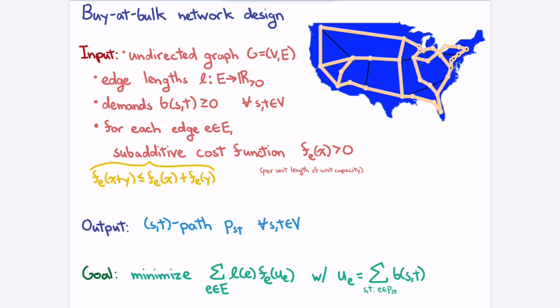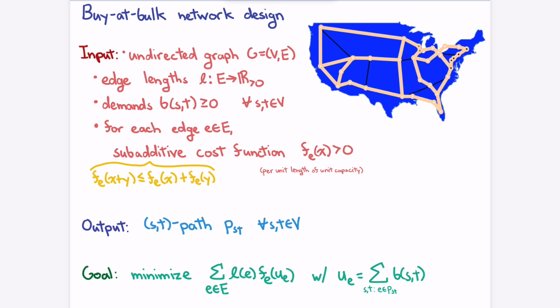So in this version of the problem, depending on how much you use an edge, you have to buy enough capacity for that edge. So for every edge, let me call U sub E, I'm summing up all the pairs that are using that edge in their chosen path, the demand between this pair.